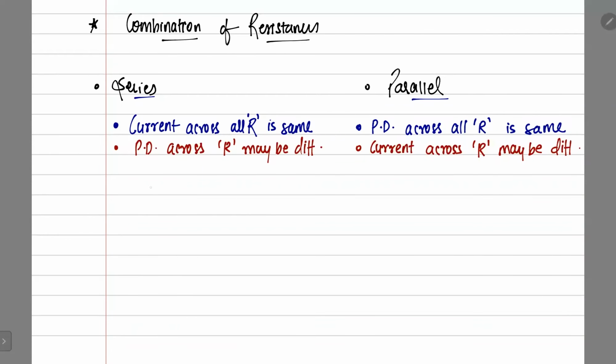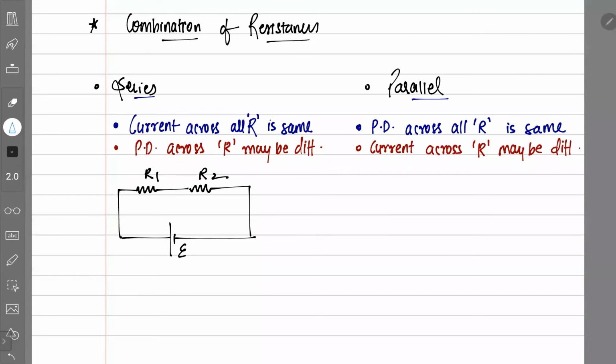Let's say there are two resistances in series. Resistance 1, resistance 2. This is R1, this is R2. And this is connected to, let's say, a battery with EMF E. Then you will see that the current is I in R1, the same current I in R2, which means the current through the resistances is the same.